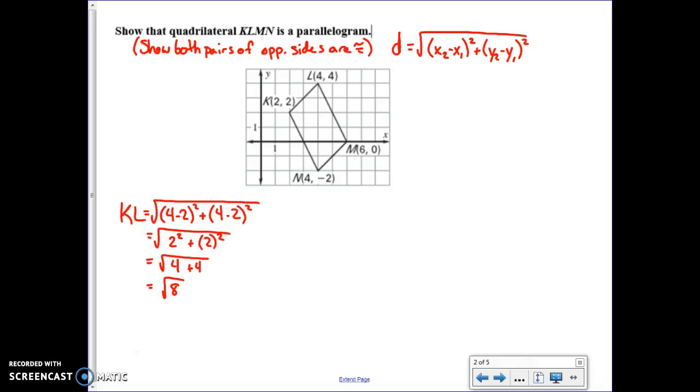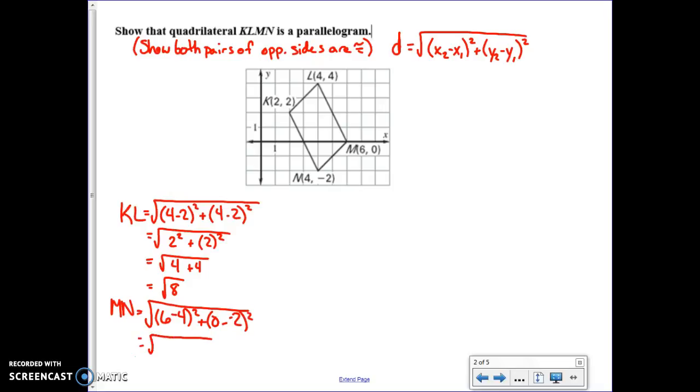So then I'm going to check with MN. So big square root, I'm going to subtract the x values. So 6 minus 4, quantity squared, and then 0 minus a negative 2, quantity squared.